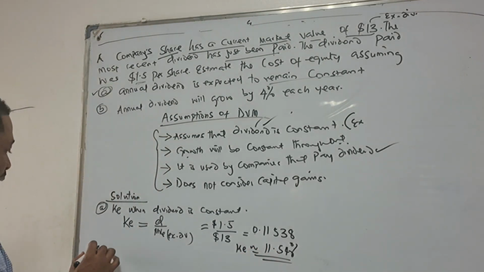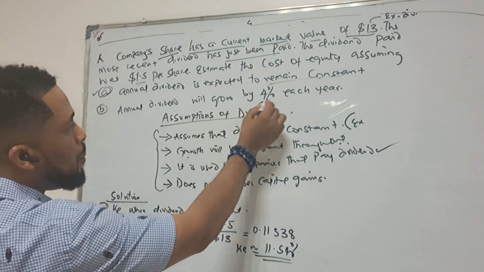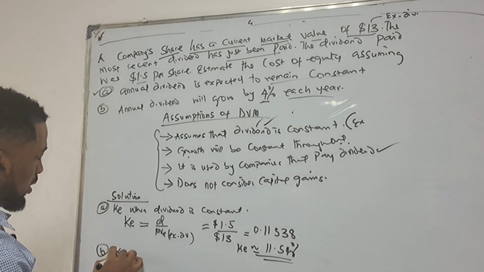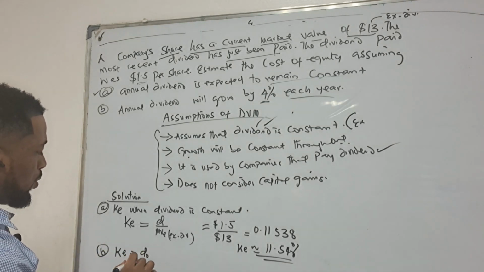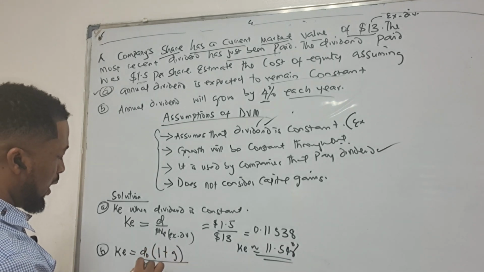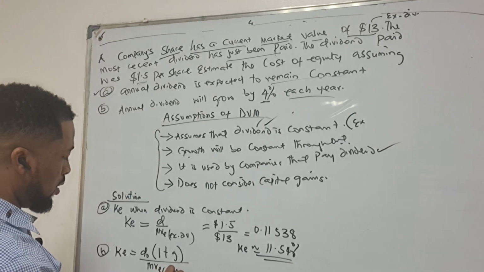If you look at the B part, it says the annual dividend is going to be growing by 4% each year. So where there's growth, our KE equals D0 into 1 plus g, divided by MVE. Remember, it's still ex-div.